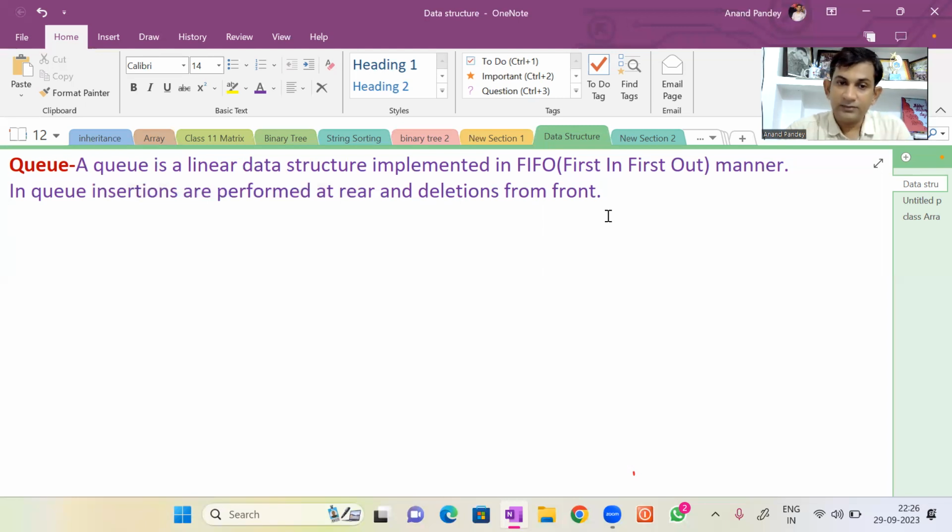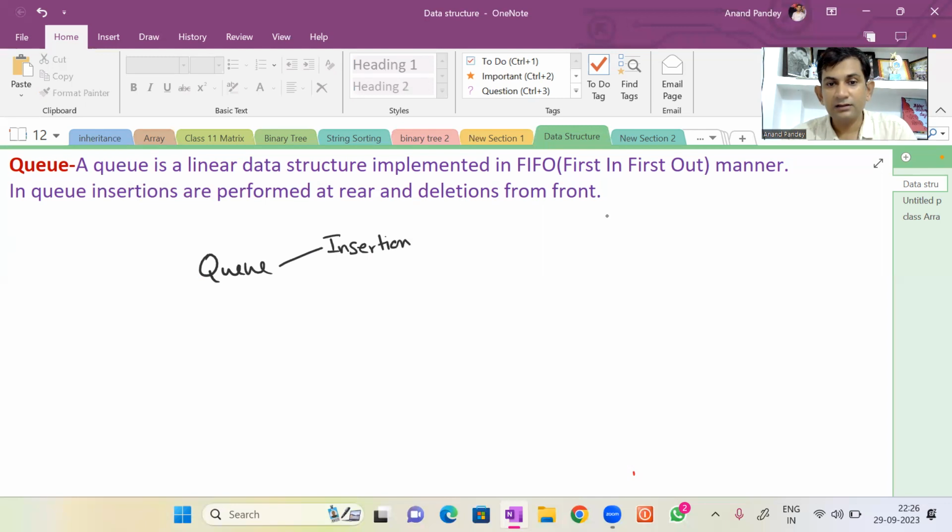In a queue, there are 2 operations. As I told, in each and every data structure we have 2 well-defined operations, insertions and deletions. Insertions are performed at rear and deletions are performed from front.